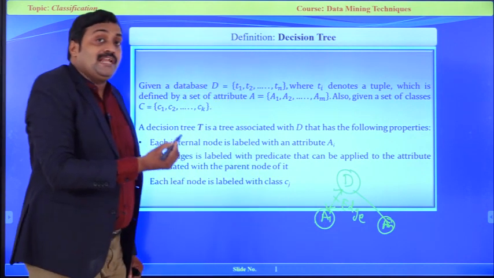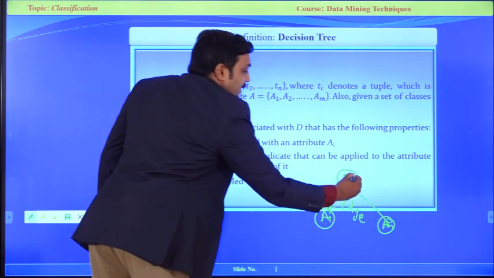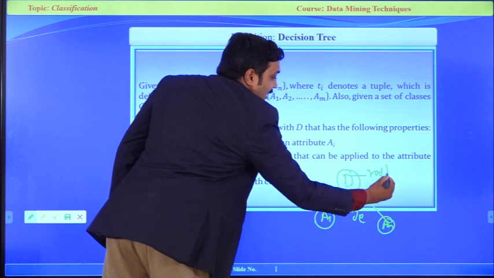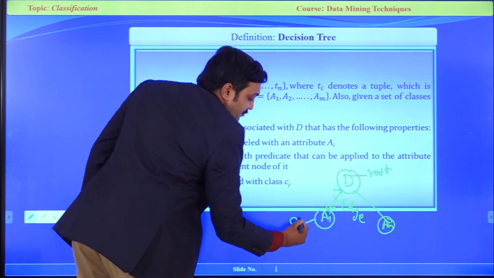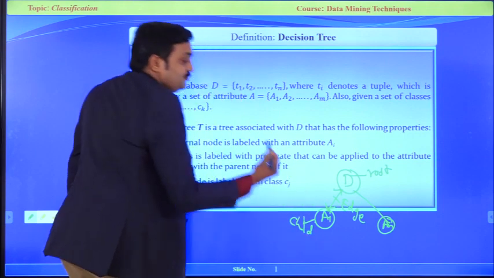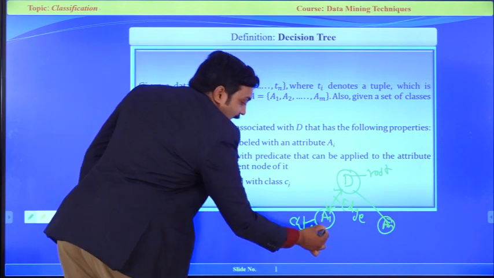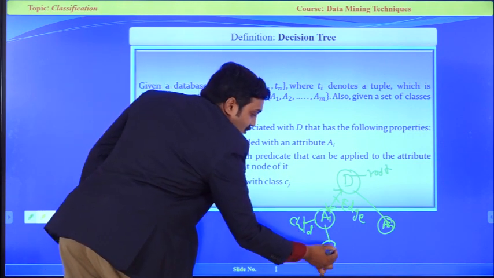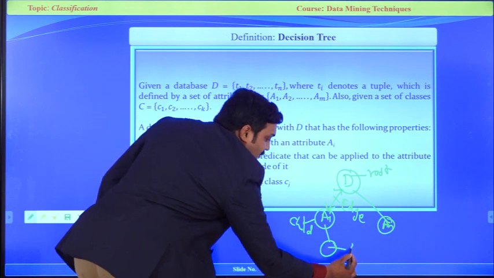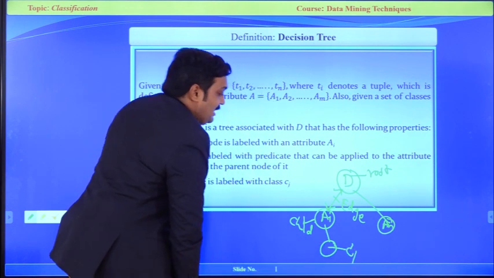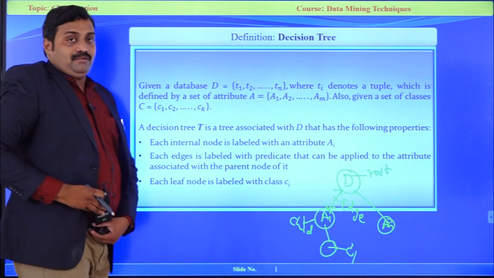It tells about the relation between the parent node and the child node. Then at the end, there is a leaf node, which is a class label, C1.